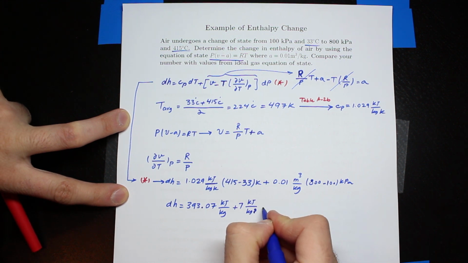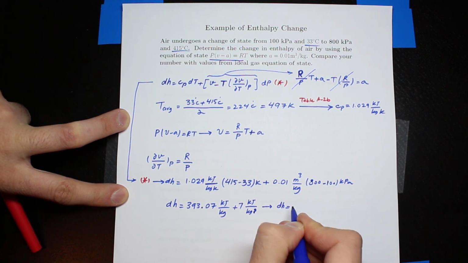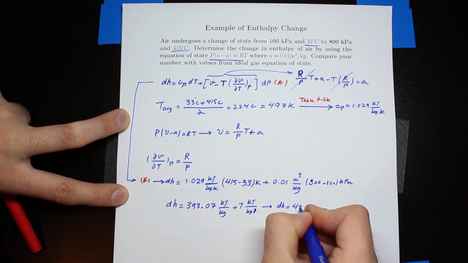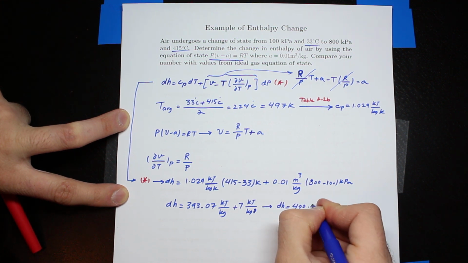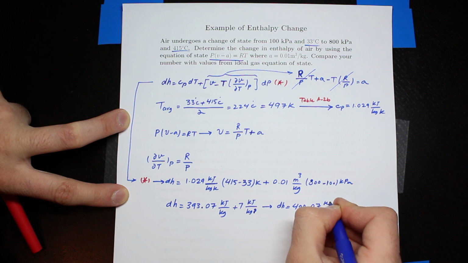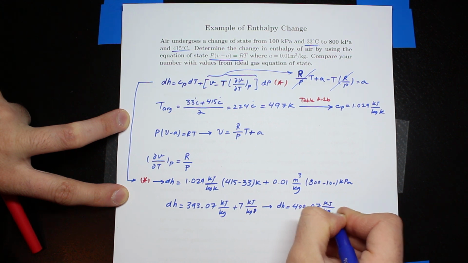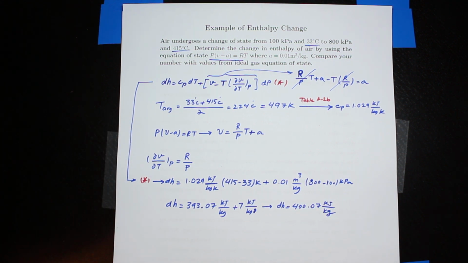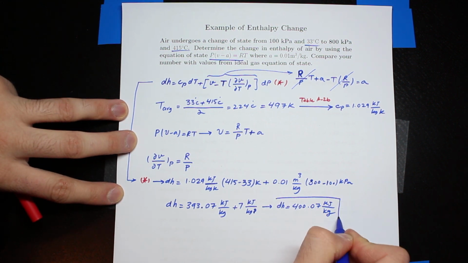All right, so at the end of the day, your dH is going to be 400.07 kilojoule per kilogram. Okay, so that is the change in enthalpy.